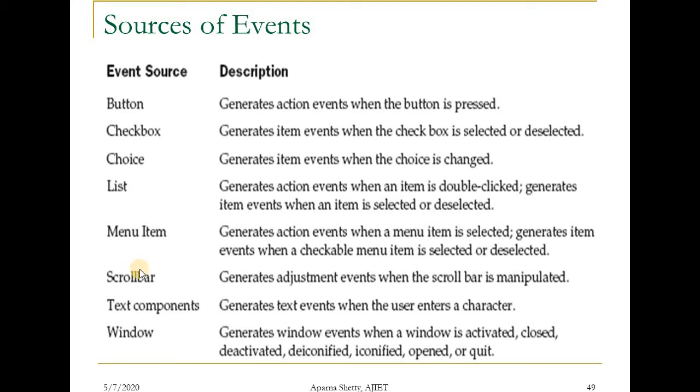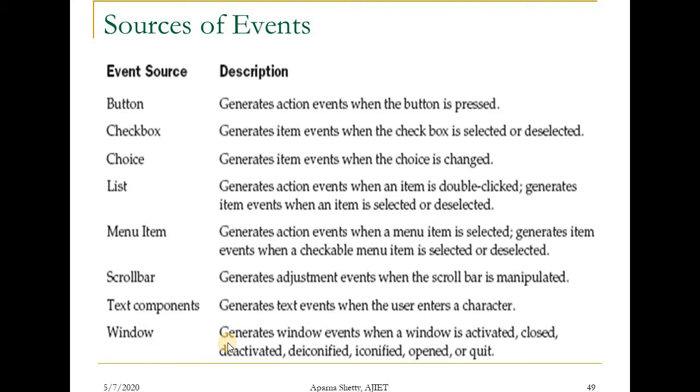Next is the scroll bar. Scroll bar generates adjustment events when the scroll bar is manipulated. So if you make any changes to the scroll bar, it will generate adjustment events. Text components generate text events when the user enters a character. The last type of source is the window.